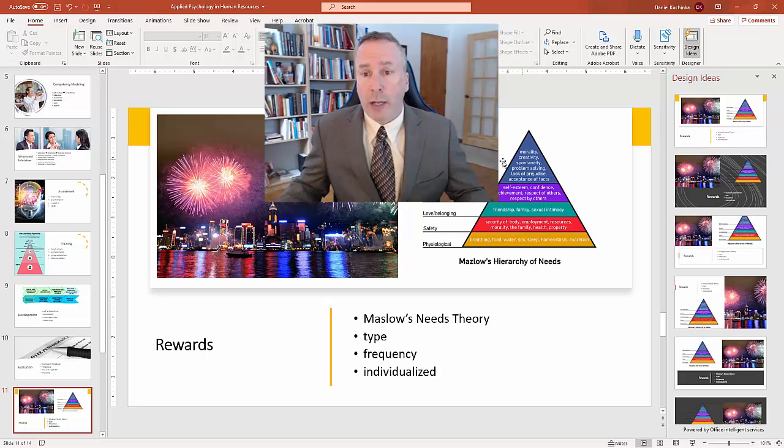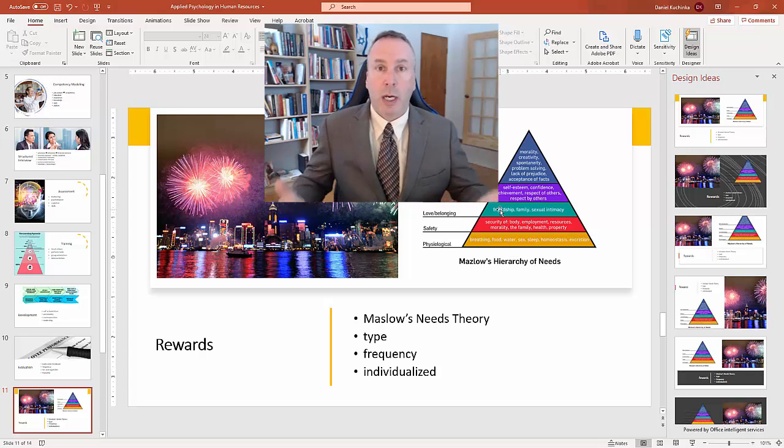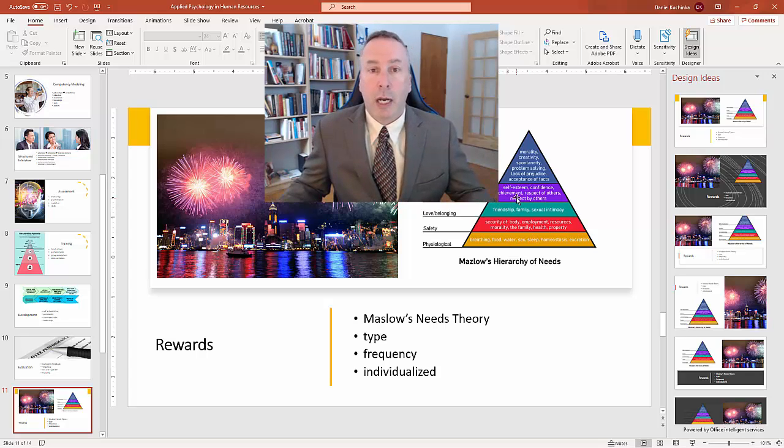This Maslow's hierarchy of needs image right here, I actually use in my presentation. And in addition to the bullet point Maslow's needs theory, I also use the words here, which the words are less important to the audience than they are perhaps in this case to me, because I'm now using this to discuss this theory and how it applies to my presentation.